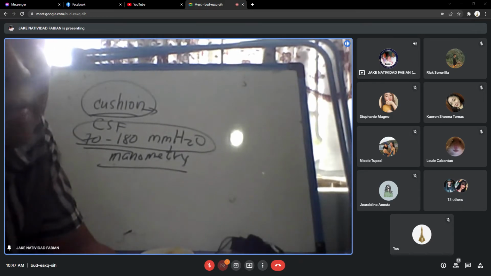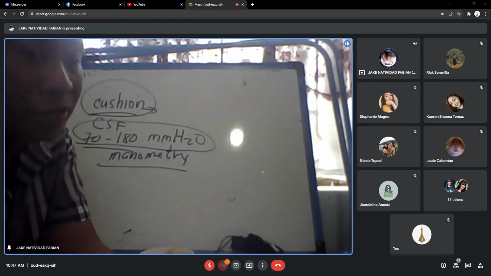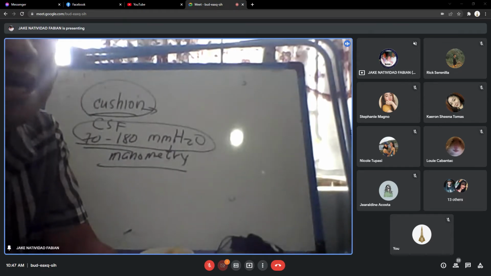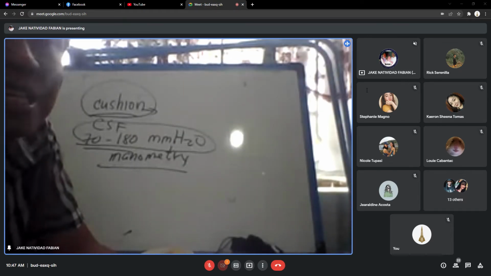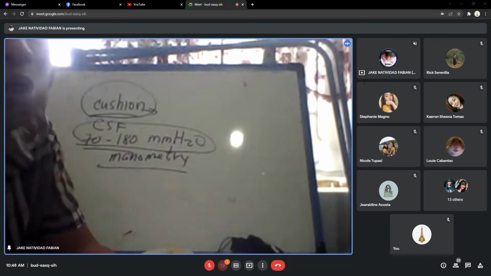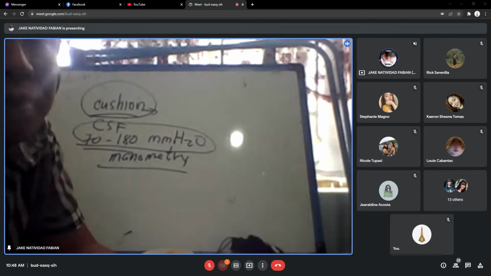So the normal gamma globulin is about 3% to 12%. Your normal CSF total protein is about 20 to 50. Your normal CSF glucose is 50 to 80 mg per dl.